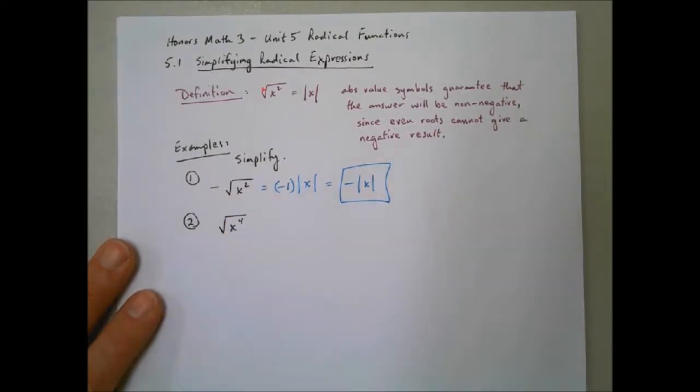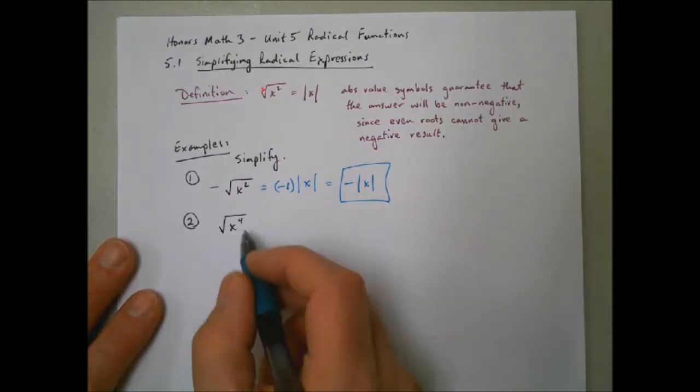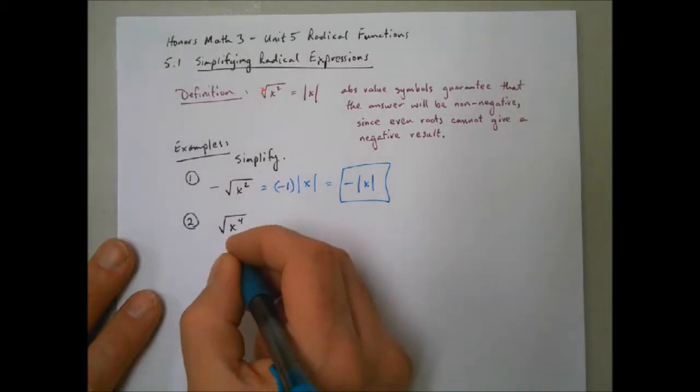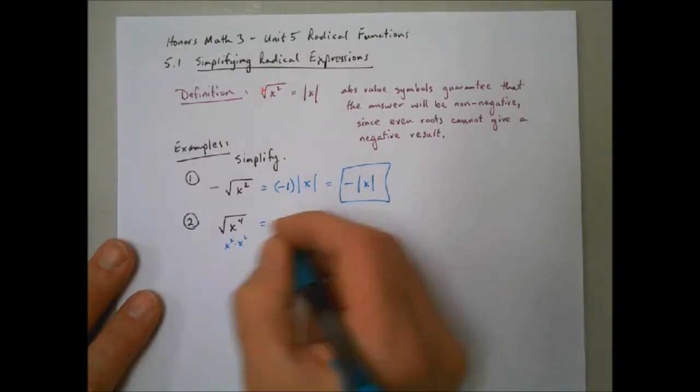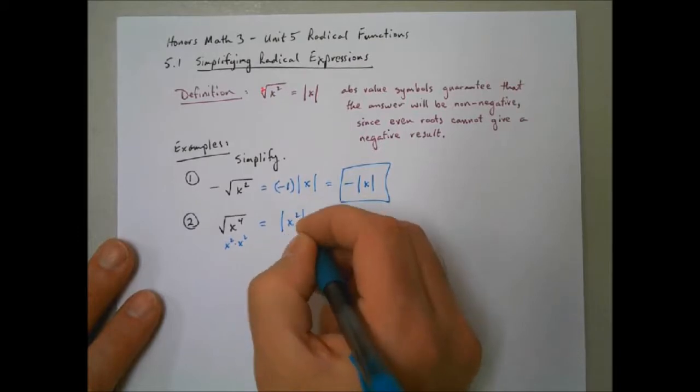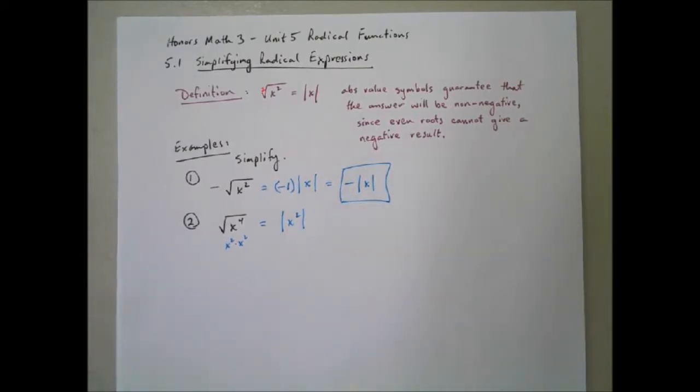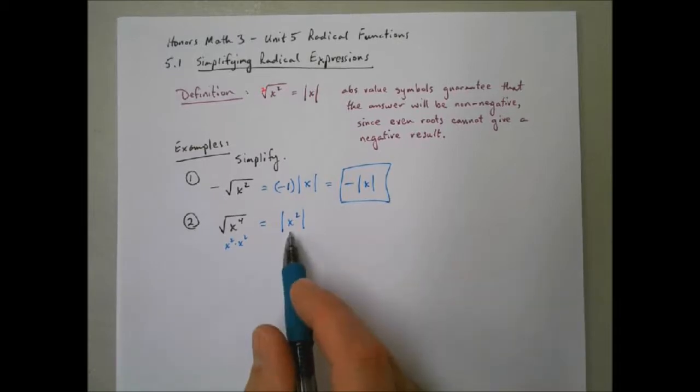Number 2. Square root of x to the 4th. Yes, the problems will get harder than this, but we're just starting with some real basic things. Of course, x to the 4th is x squared times x squared. So this is equal to the absolute value of x squared. Now, part of simplifying, if we can figure out that we don't need the absolute value, then you're expected to get rid of it. So, do we need the absolute value to guarantee that this is a non-negative value?